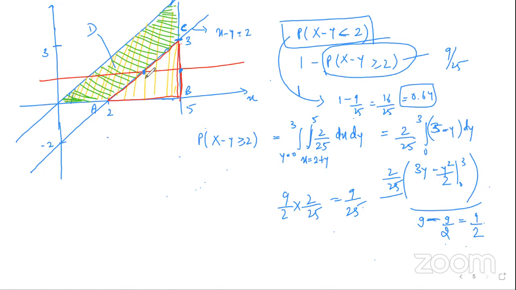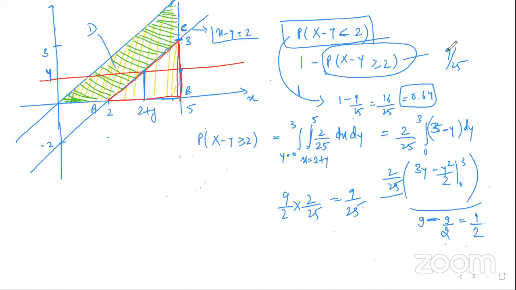So you're fixing your y, right? If you are integrating first with respect to x, you're fixing your y as constant. So once you fix y, your x is going to be 2 plus y, right? Yeah. Correct.